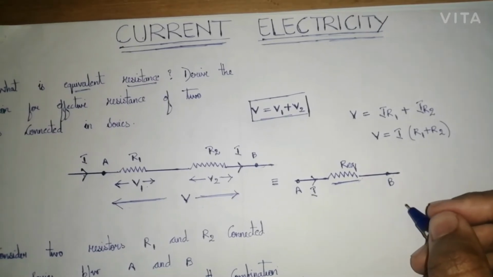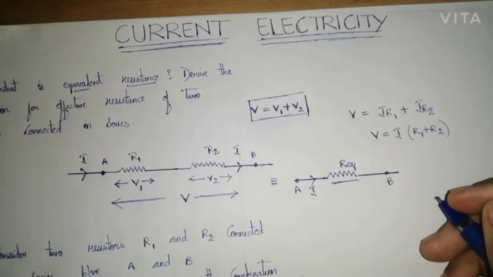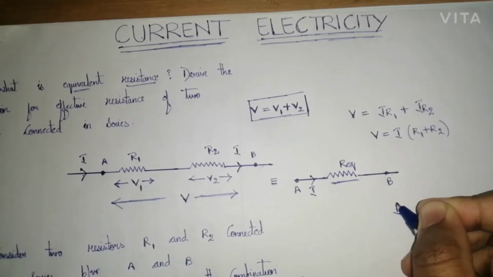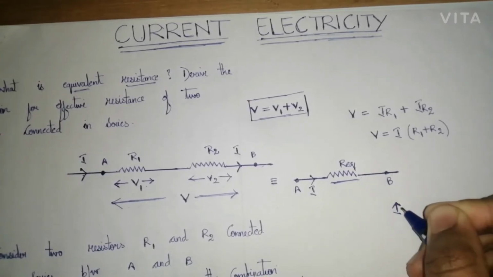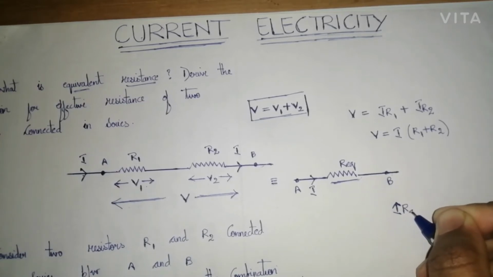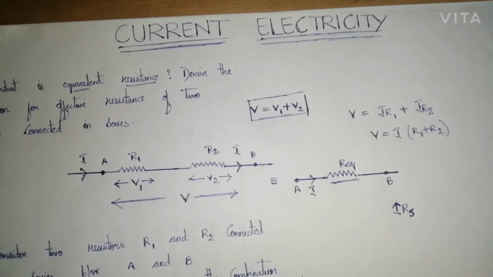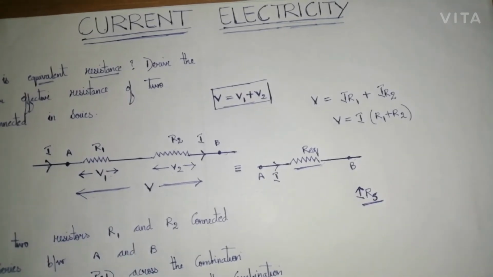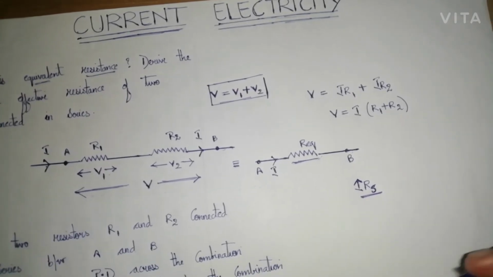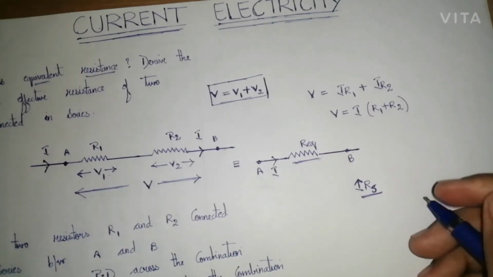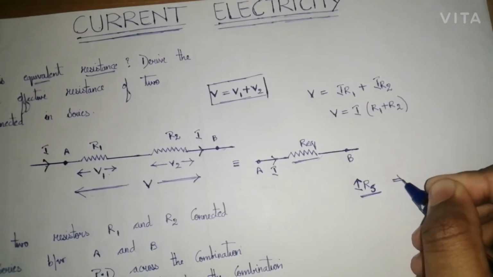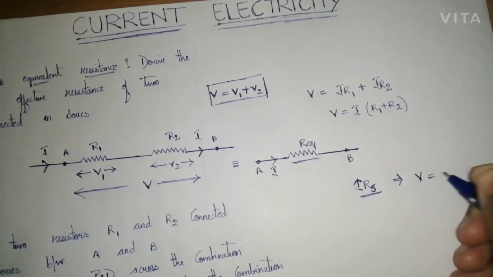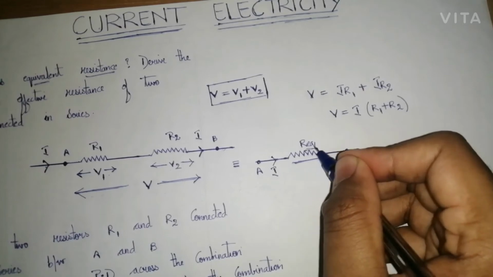So now you have to write, let I into Rs. What is Rs? That is your resistance in series. I into Rs, where Rs is your resistance in series. So you can replace this potential V, or I have taken R equivalent.